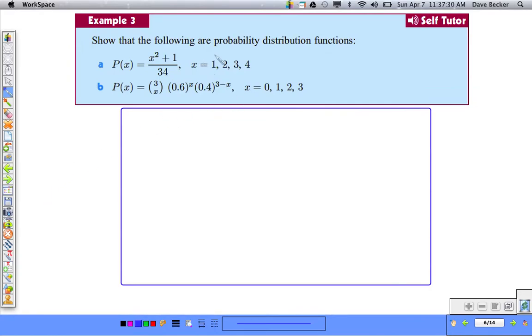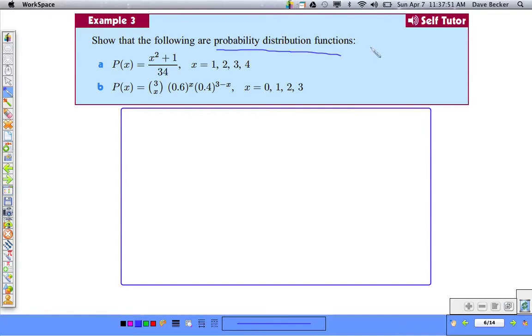Okay, show that the following are probability distribution functions. In other words, show that p of x equals (x squared plus 1) over 34, and my possible outcomes for x equal 1, 2, 3, and 4. In order for this to be a probability distribution function, we have to satisfy two different criteria.